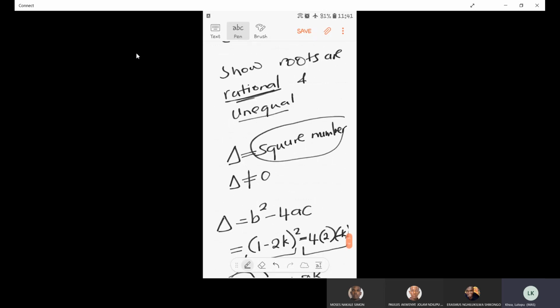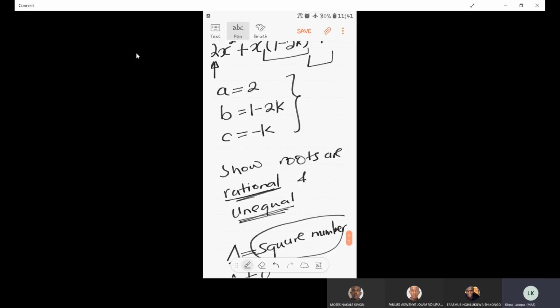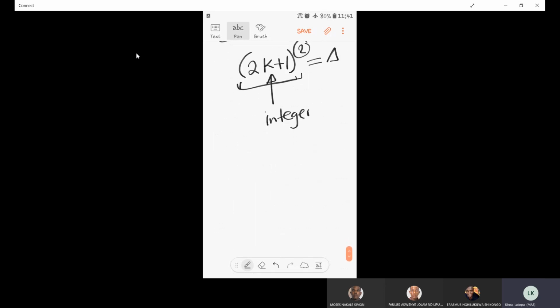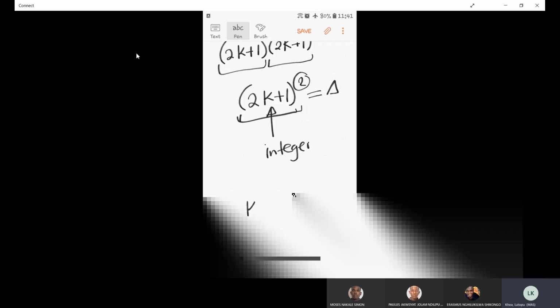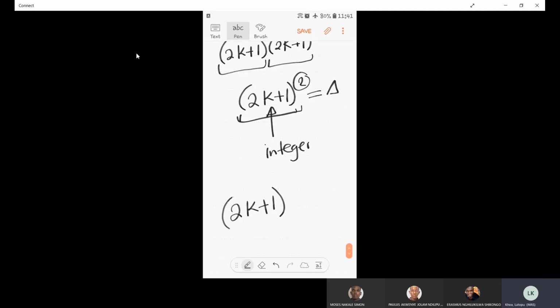And then the second one, we said unequal. Unequal means the discriminant is not equal to 0. Now this (2k+1)² can never be equal to 0 because k is an integer.